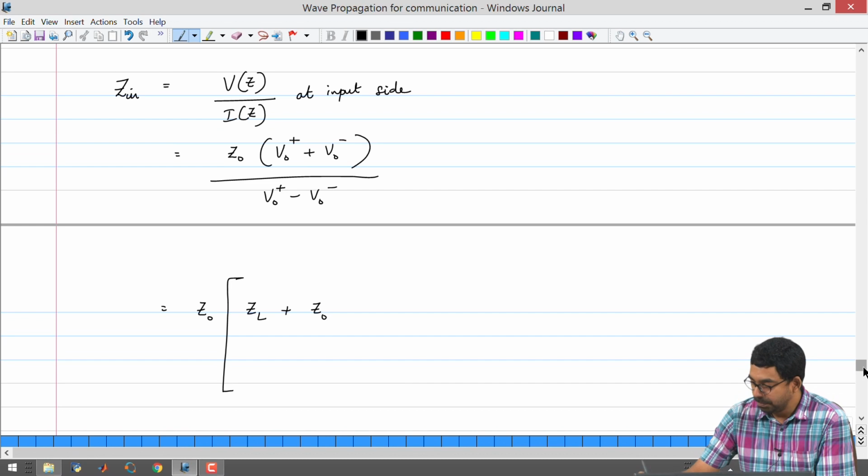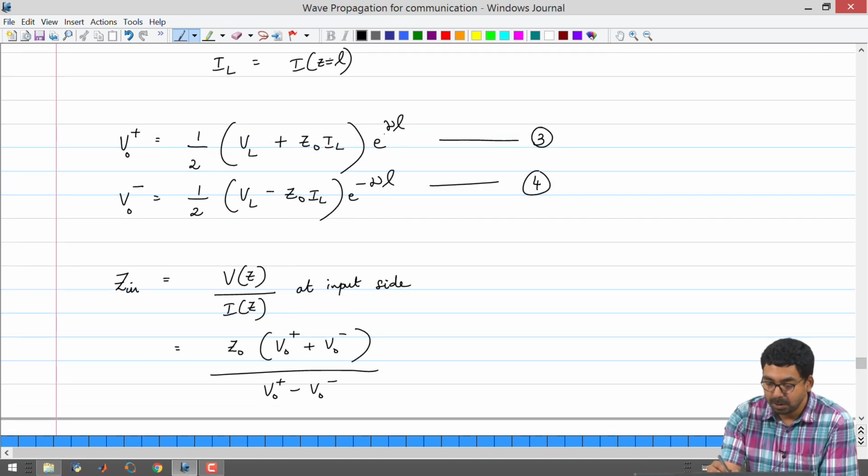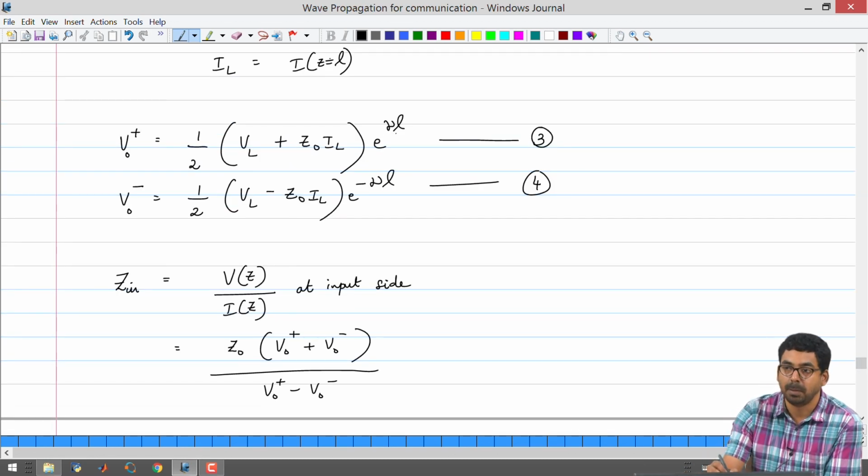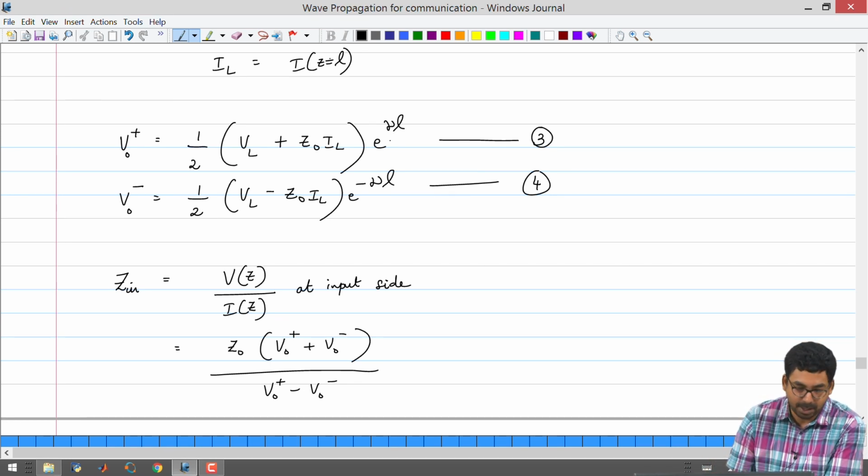since we are dealing with gamma to be a complex propagation constant, it has a real and an imaginary part. So, when you take the exponentials, you take the sum, you take the difference, you will end up having hyperbolic quantities instead of, say, sine, you will be having sinh. Instead of cosine, you will be having cosh. Instead of tan, you will be having tanh.